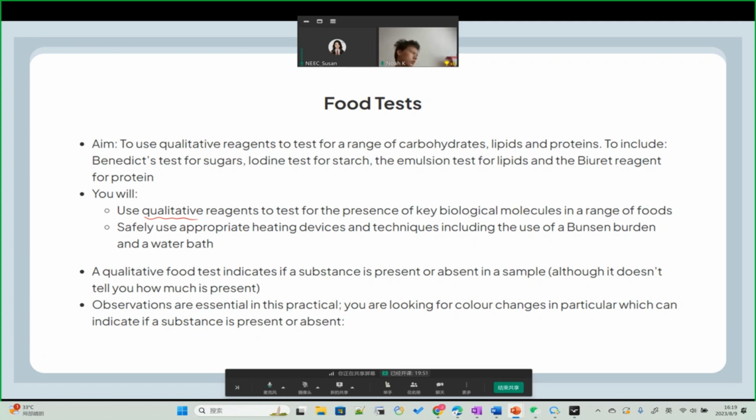And do you still remember that we say the qualitative observation is not accurate? So what technique or apparatus can we use in order to make sure the observational color change is more accurate? Lab tools, like a colorimeter.